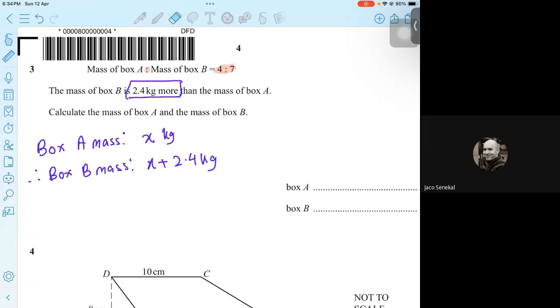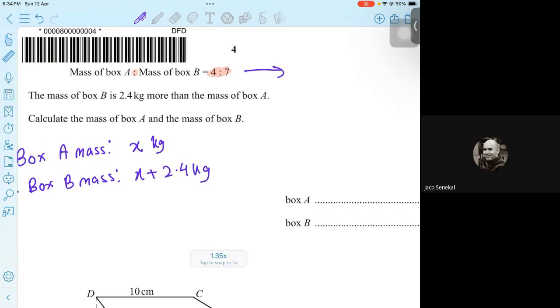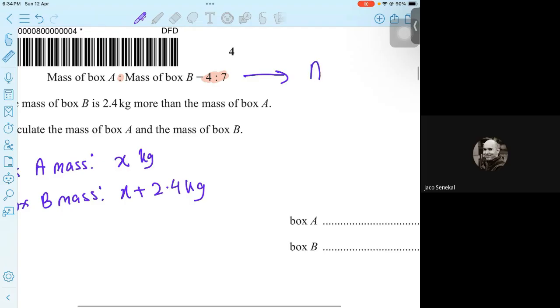The next thing you should know is that you can always write ratios as a fraction. So if I compare the mass of box A with the mass of box B, I could write A over B, and this comes out to be 4/7. Any issues with this?